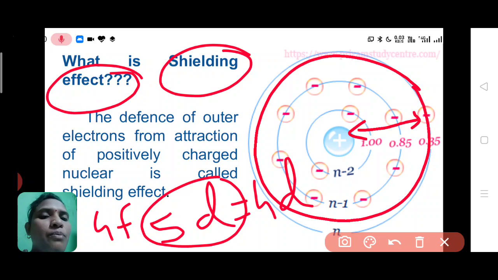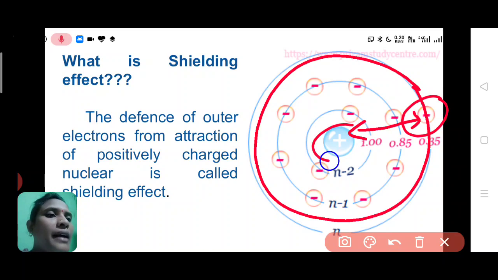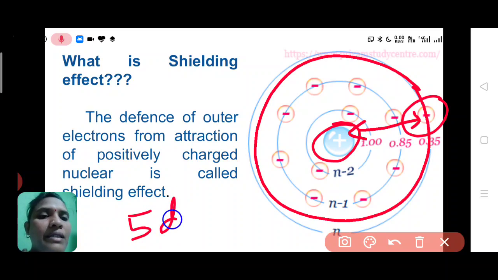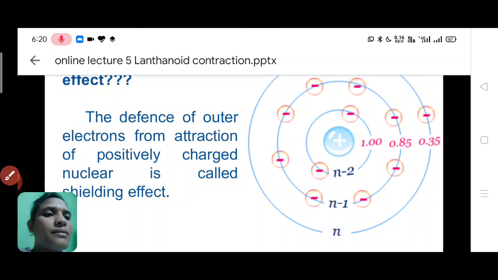So due to this poor shielding effect of the F shell, the outermost electrons are attracted to the nucleus very strongly, and that's why the atomic size decreases, and hence 5D series elements have similar atomic radii as 4D elements. So this is the shielding effect.